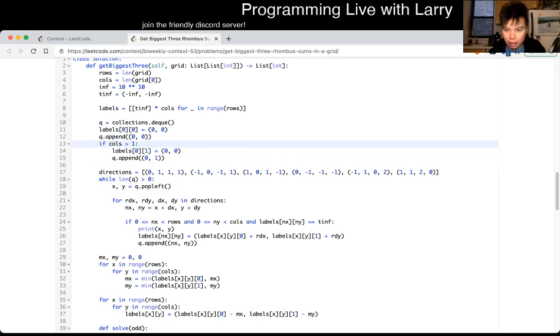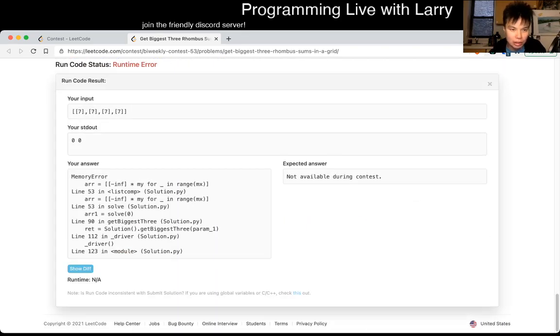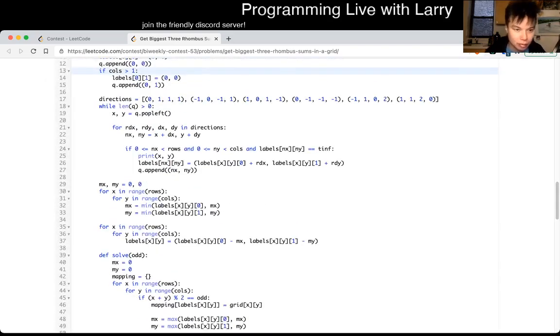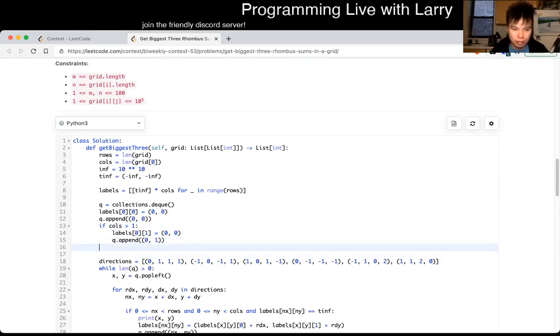Whoops. I mean, it's still going to give me an error because it doesn't do the other one, but so column 0, 0, we want to do it.